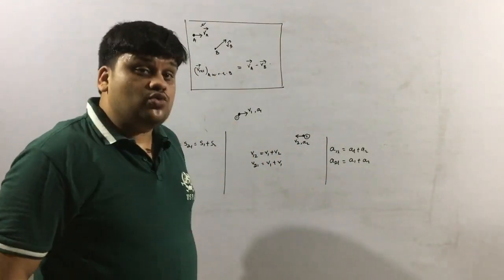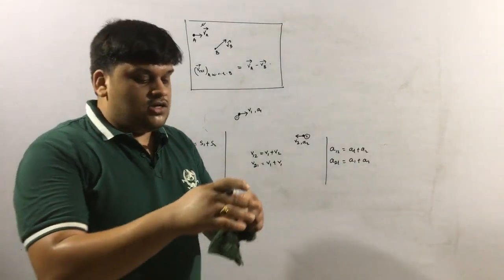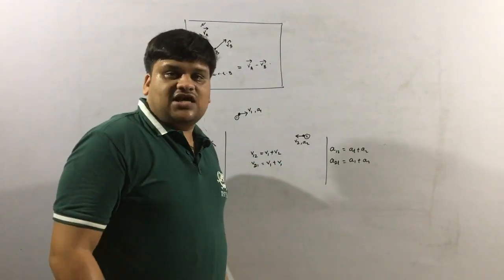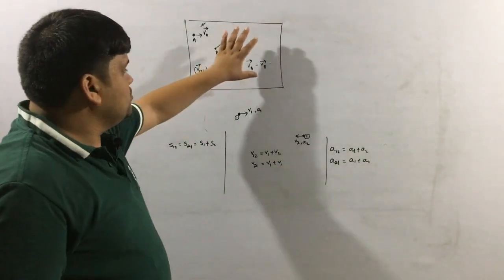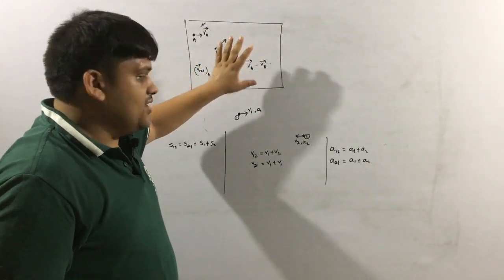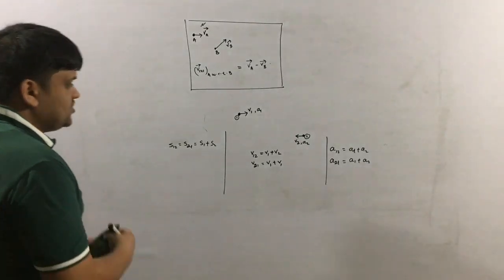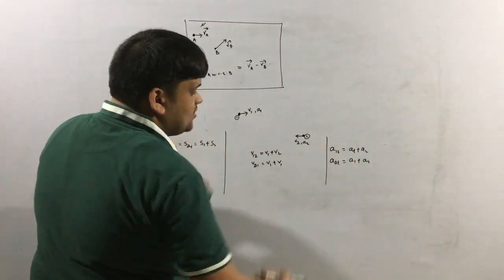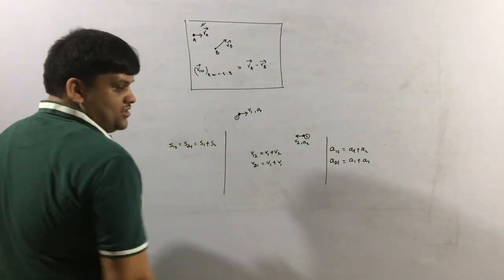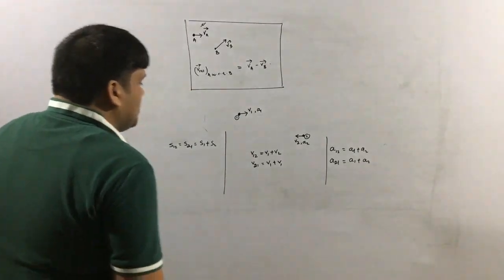For two dimensions we will solve that after finishing the scalar vector chapter, and there we will use the original formula. These are just special cases of that formula. Now, when two objects are moving in opposite directions you have to add to find the relative one.